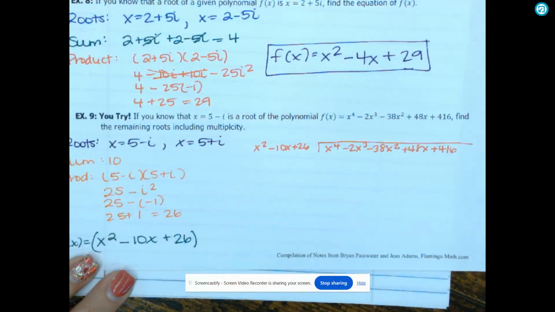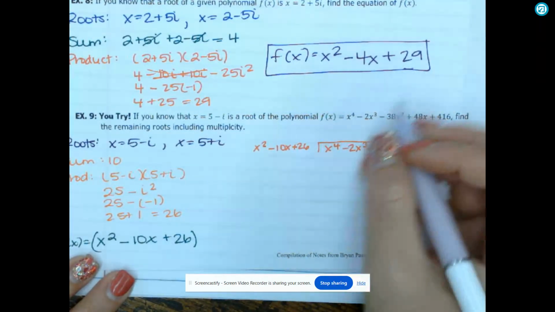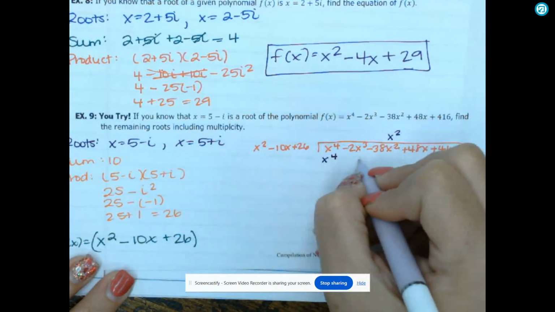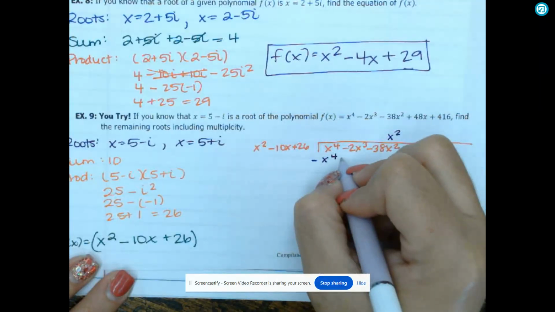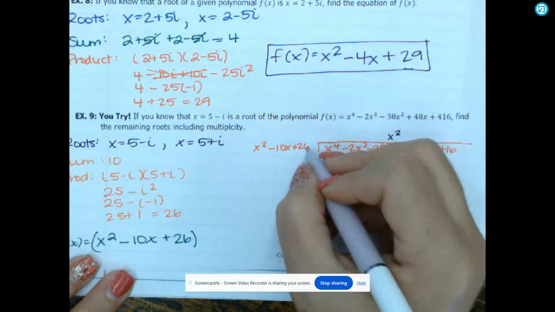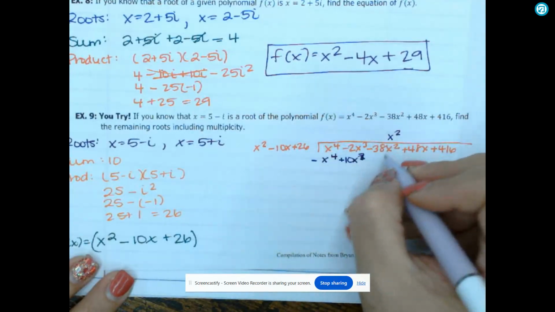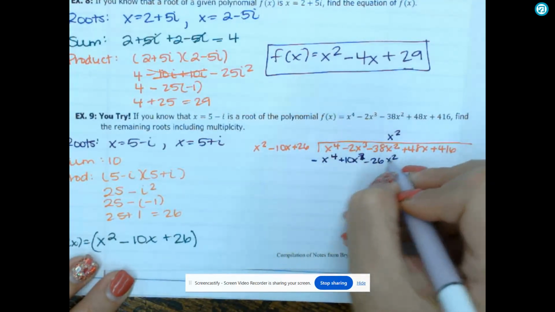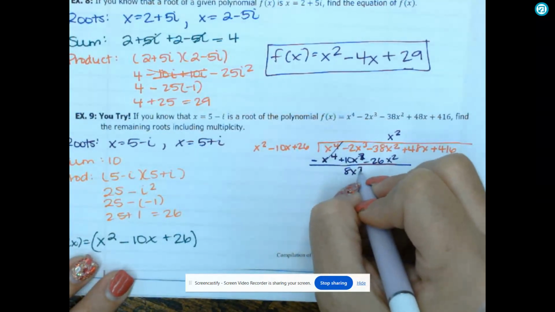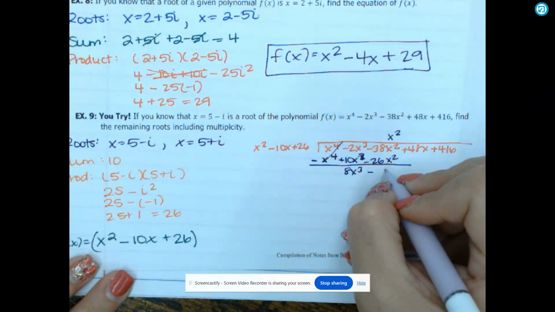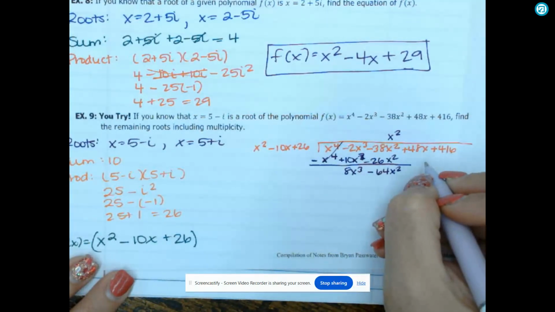All right, x squared goes in, and that gives me x squared. That'd be negative 10x cubed, and when we change the sign, it's going to be positive. And then that would be negative 26x squared whenever we change the sign. So those go away. It's going to give me 8x cubed minus 64x squared.